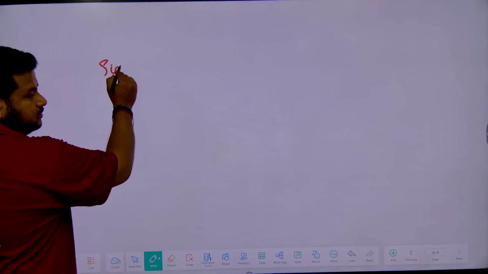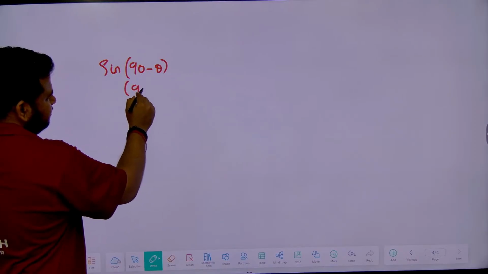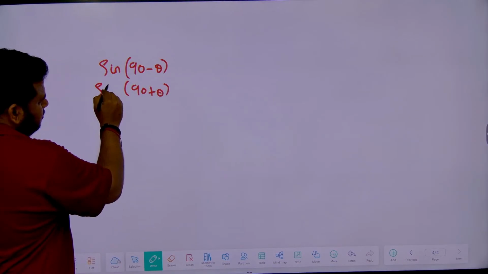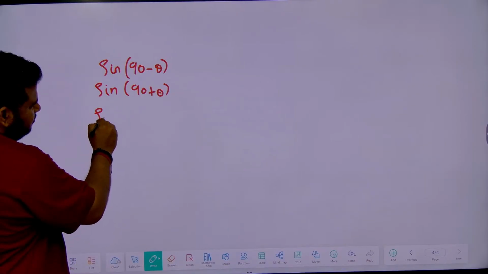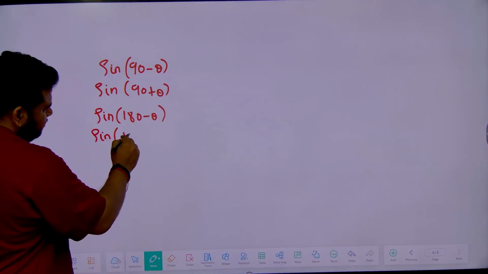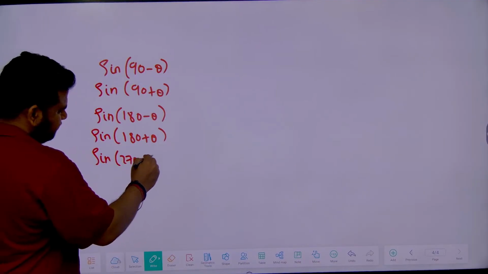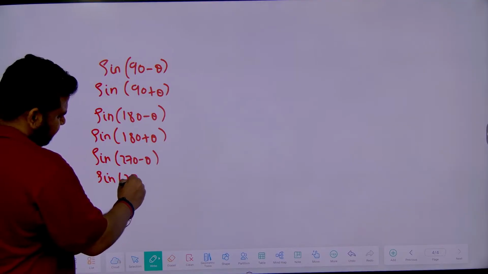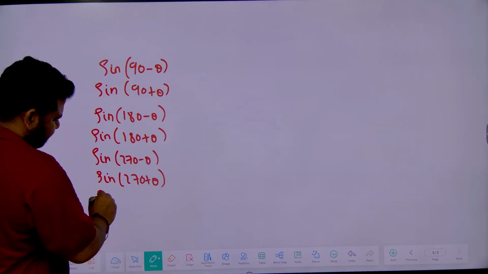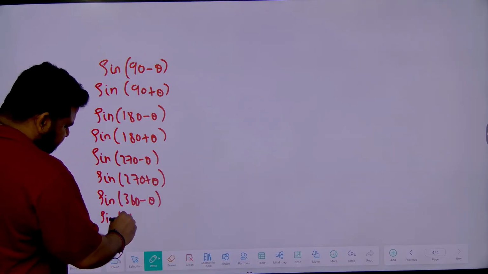Now there are various formulas like, don't write down, just listen. Sine of 90 minus theta, sine of 90 plus theta. I am writing only for sine. Sine of 180 minus theta, sine of 180 plus theta, sine of 270 minus theta, sine of 270 plus theta, sine of 360 minus theta, sine of 360 plus theta.